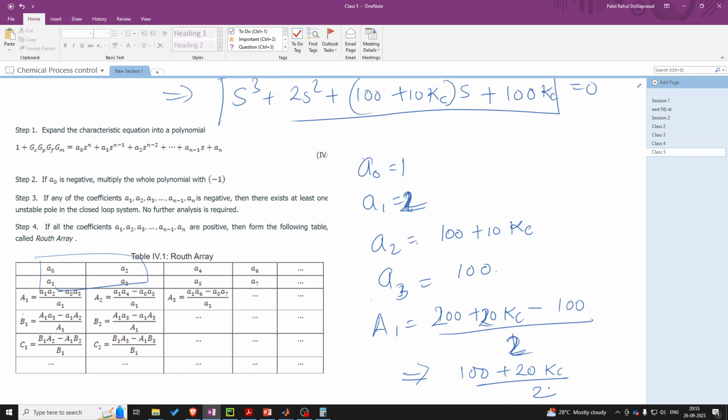I think there is some mistake. Over here also we have the value of Kc. So A0 into A3 will become 100 Kc.